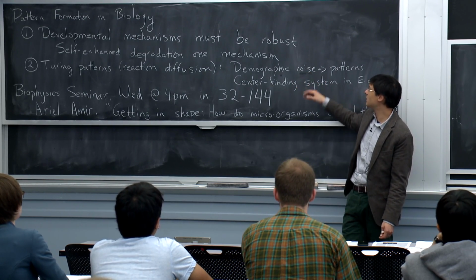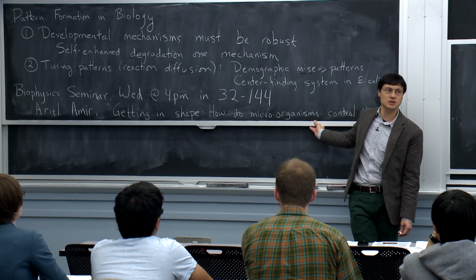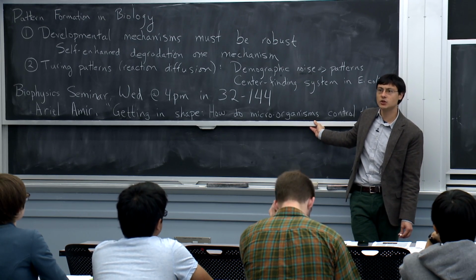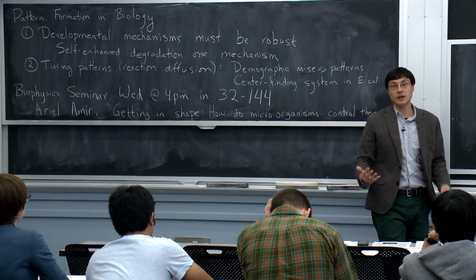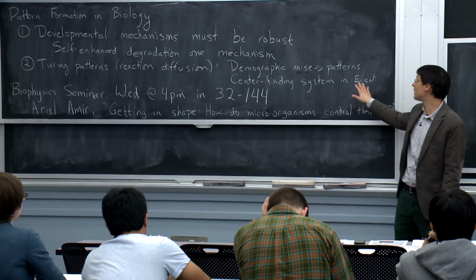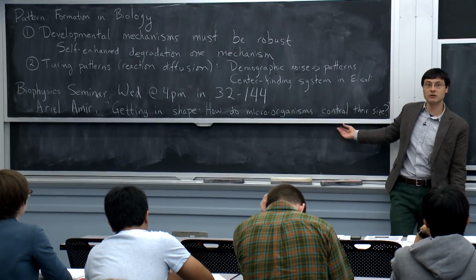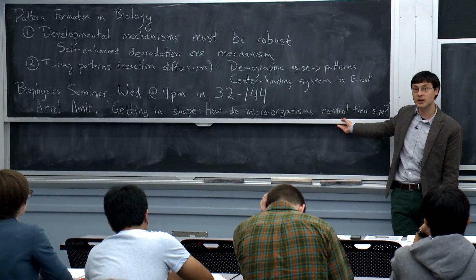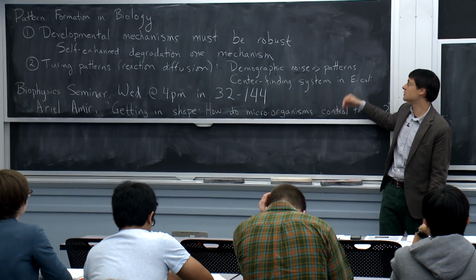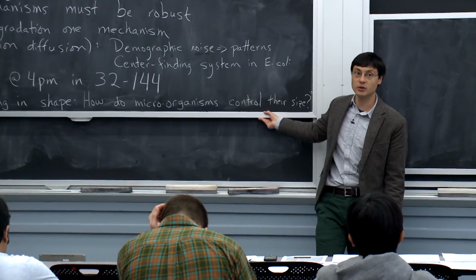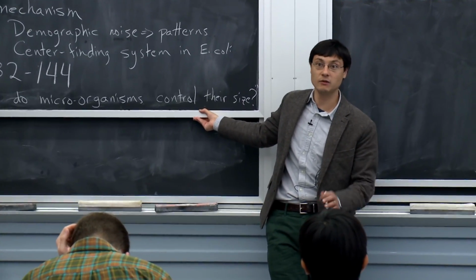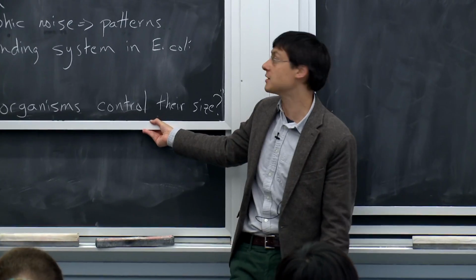But there's been a number of pieces of work over the last decade showing that in some cases, demographic noise can actually lead to patterns, either in space or in time. We're going to talk more about this in the context of so-called noise-induced predator-prey oscillations. But since we're talking about patterns here, I will tell you something about how such noise can enhance the formation of patterns in the context of the Turing mechanism.